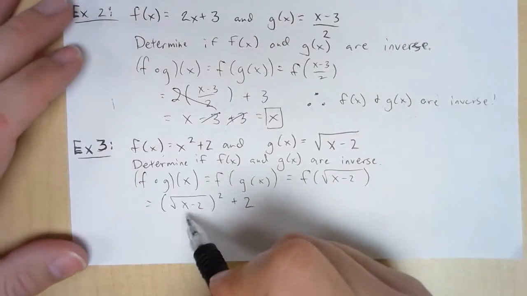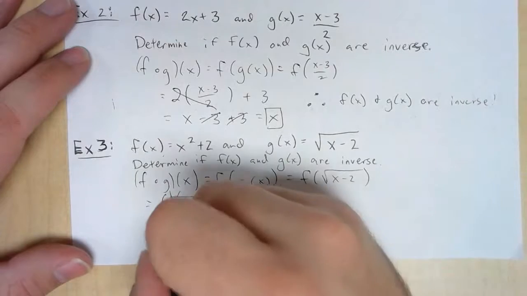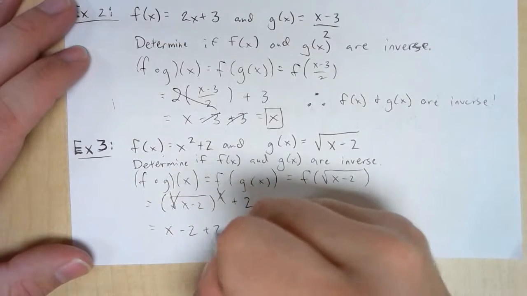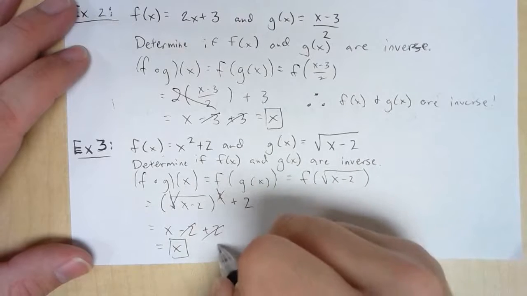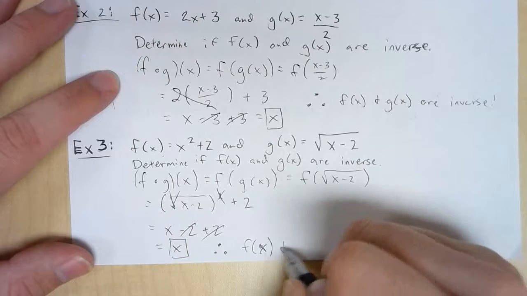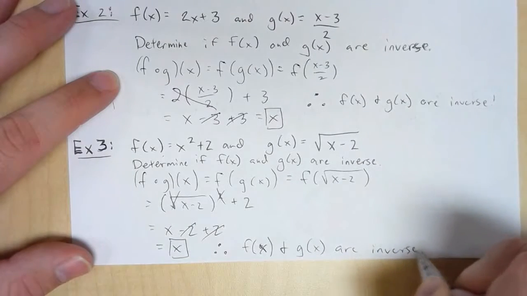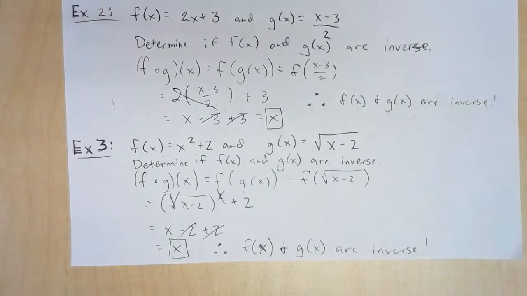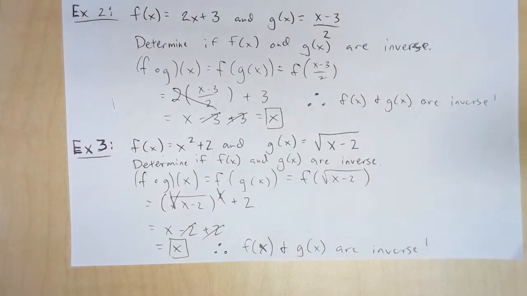So the square root of something squared, well, just like in our last unit, the square and the square root are going to cancel out. We're left with x minus 2 plus 2, which does cancel. How fortunate for us, we get plain old x, which says therefore f of x and g of x are inverse. Woohoo! And again, if you simplify it and you get anything but just x, then they're not inverse.